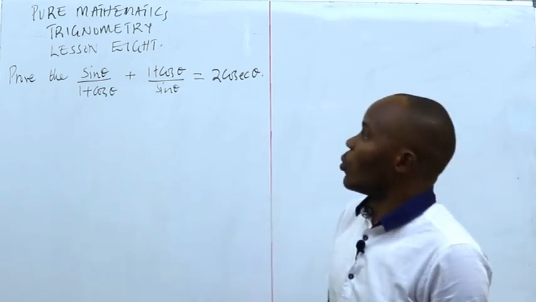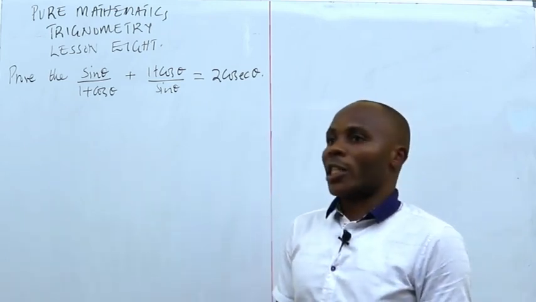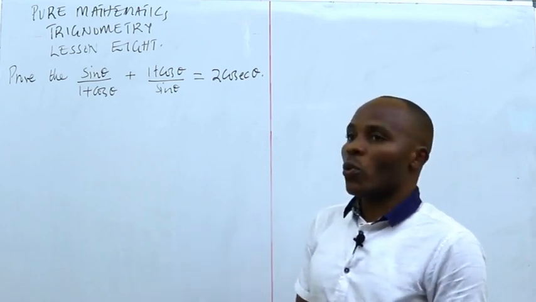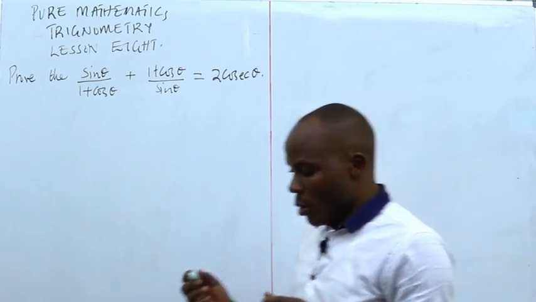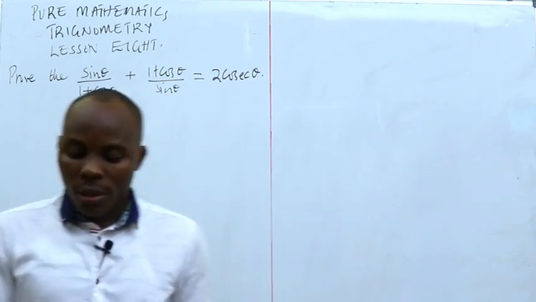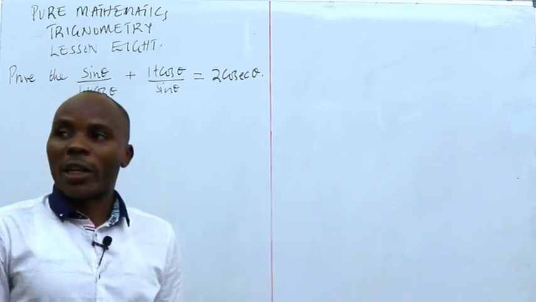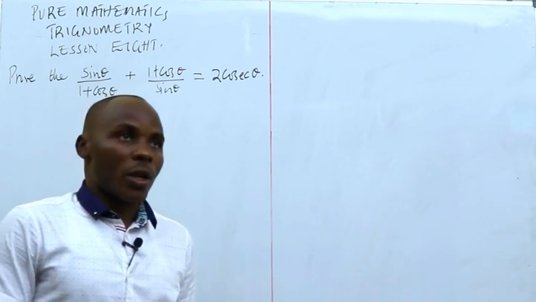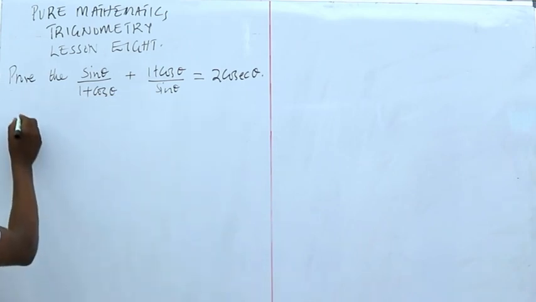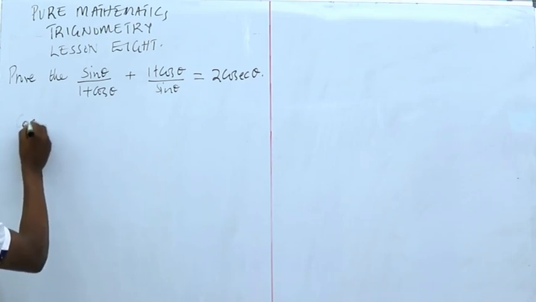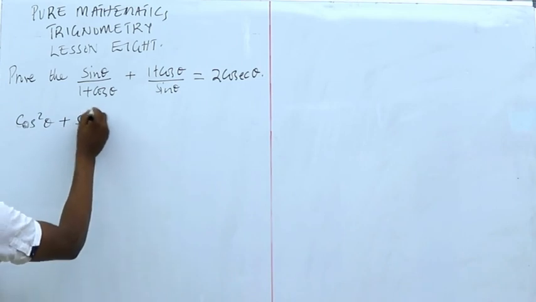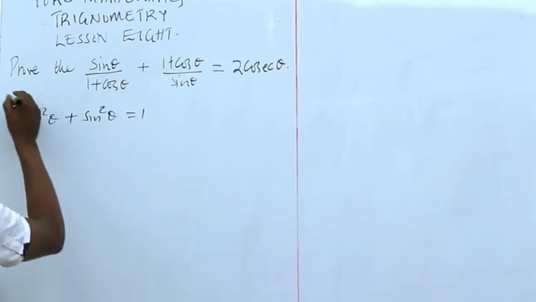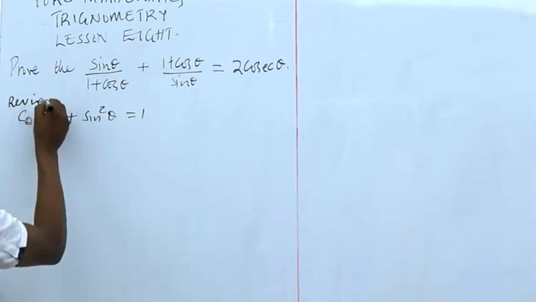The topic is trigonometry. Previously, in our lesson 7, we proved some trigonometric identities, where we discovered that cos squared theta plus sine squared theta is equal to 1.